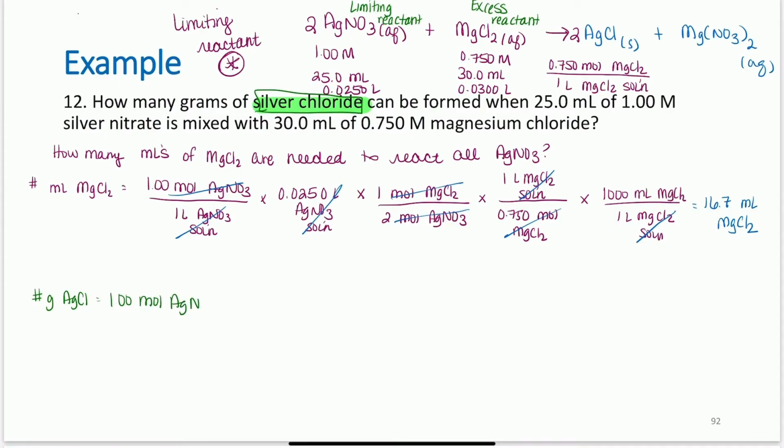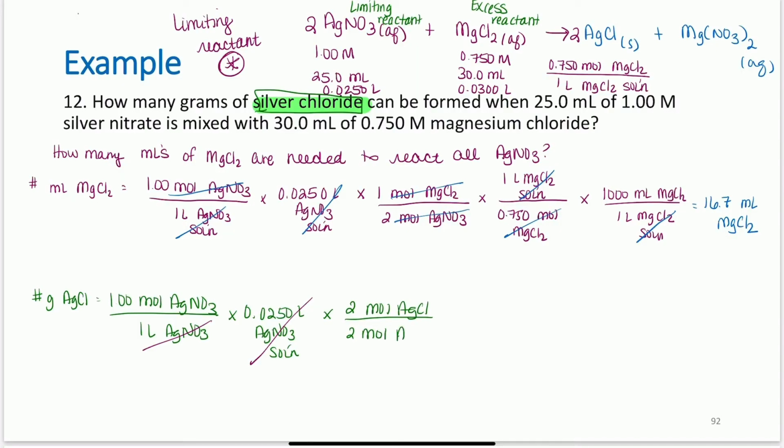Got 1 molar silver nitrate, so 1 mole of silver nitrate per 1 liter of silver nitrate solution, times 0.0250 liters of silver nitrate solution. Now I've got moles of silver nitrate. I can convert that into moles of silver chloride. I know 2 moles of silver chloride are produced for every 2 moles of silver nitrate consumed.